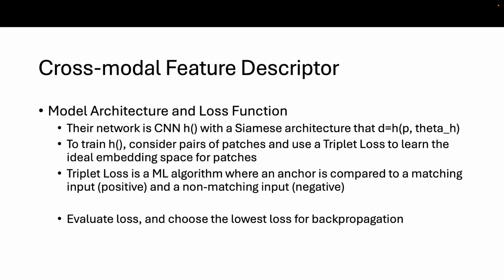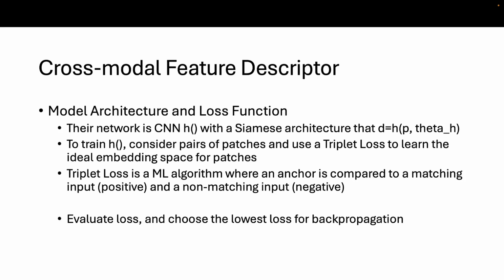So they use an architecture and loss function. This is just something that's already out there. Convolutional neural network, CNN. We did that in project 4. Evaluate loss. You choose the lowest loss for backpropagation.